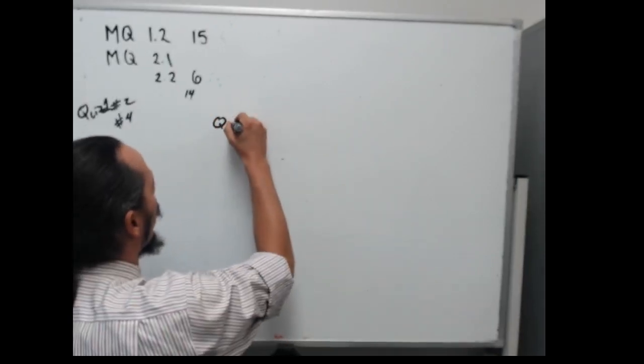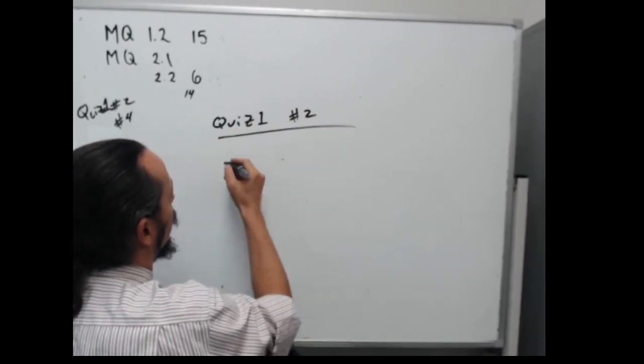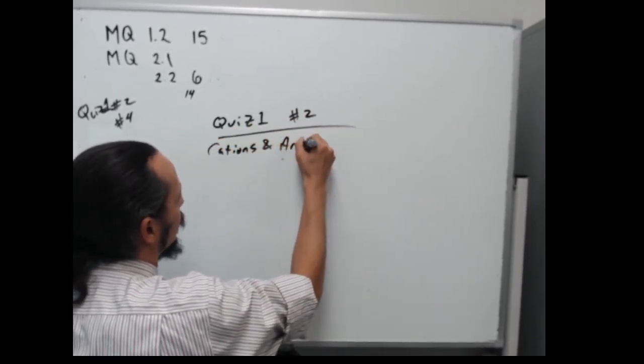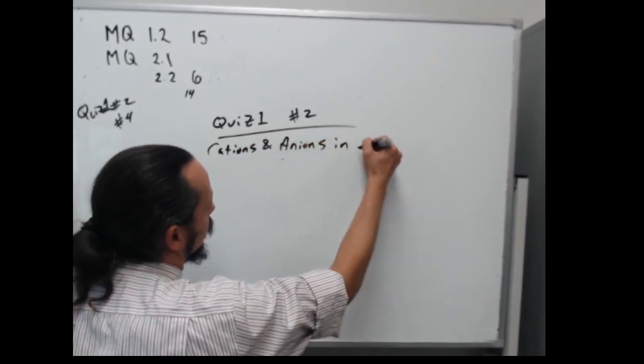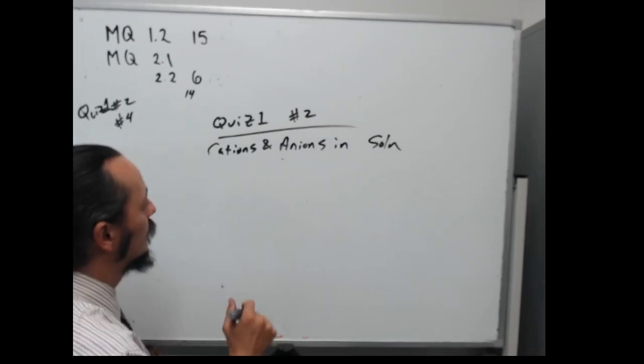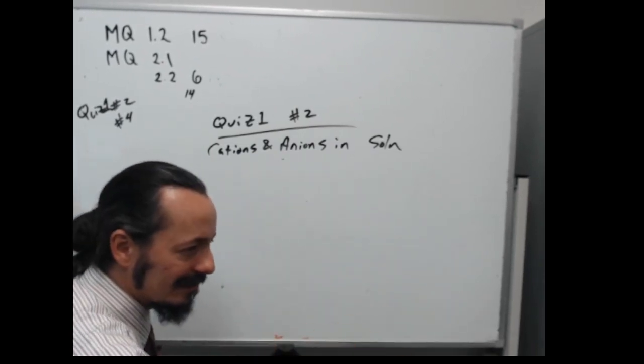Find the equilibrium concentrations of the cations and anions in solution when you dissolve as much possible strontium iodate solid in water. Use the KSP 1.14 times 10 to the negative 7. Okay, same numbers? Yeah. Cool.